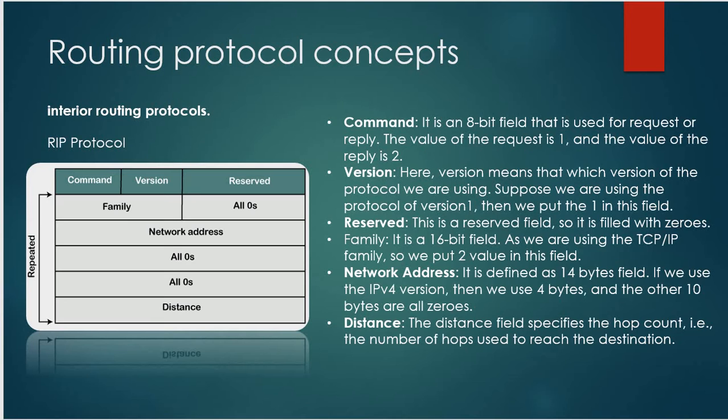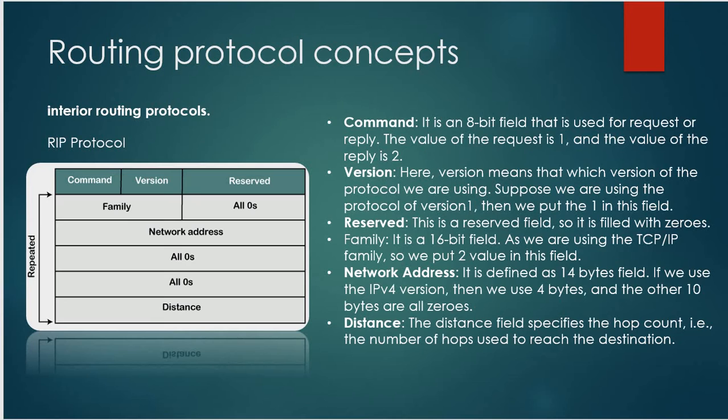Last point, distance. The distance field specifies the hop count. This field contains the number of hops used to reach the destination. I hope you are already clear about the hop count.